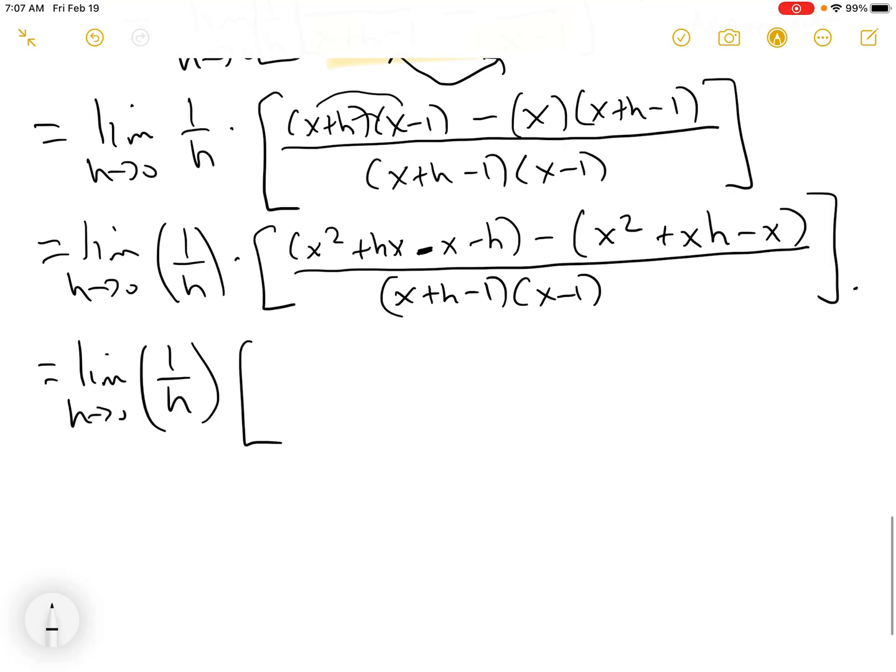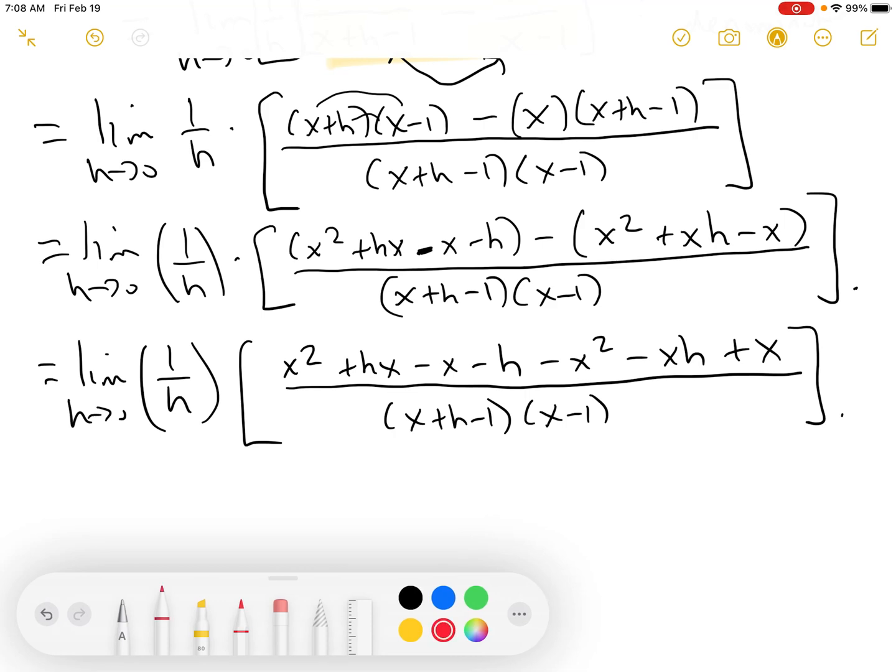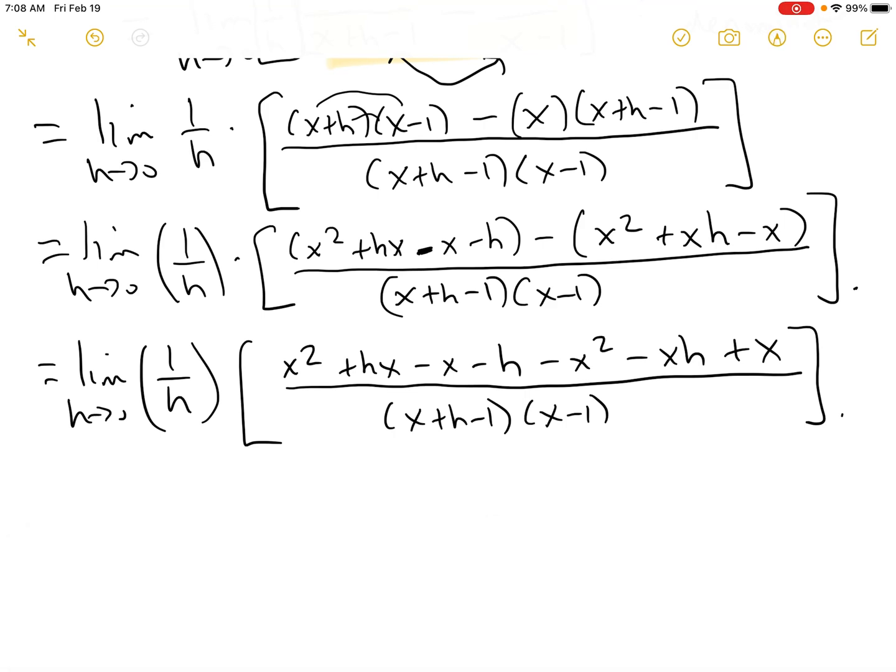Now we're going to combine. Let's strip away the parentheses first. So we have x squared plus hx minus x minus h minus x squared minus xh plus x, whoo, all over this. Okay. Wasn't going to take me 10 minutes. All right.